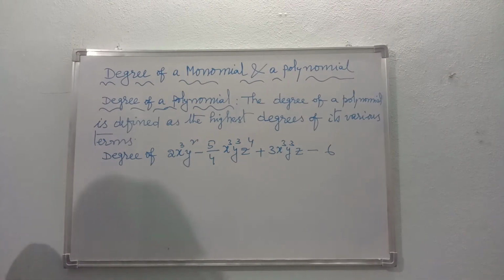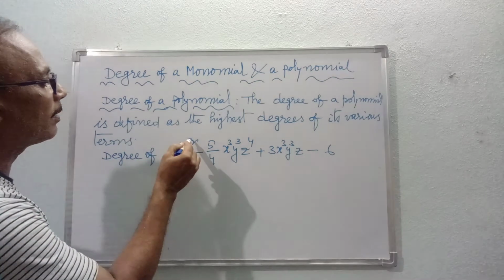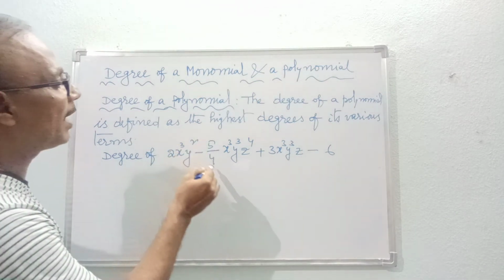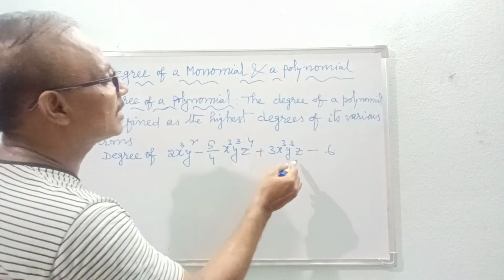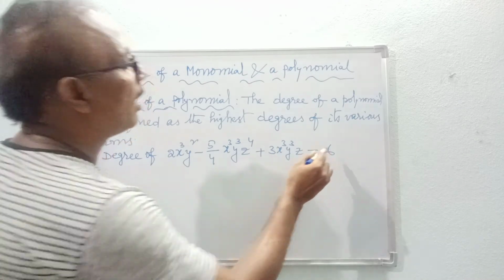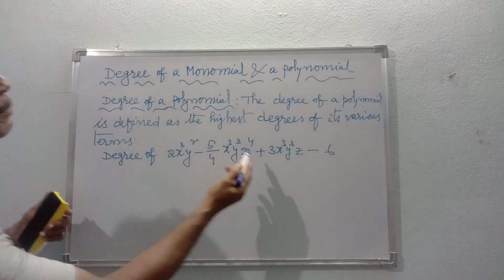Now this polynomial has 4 terms in it. The first term is 2x cube y square. The second term is 5 by 4 x cube y cube z power 4. The third term is 3x cube y cube z. And the last term is 6. Of course, these are connected by minus, plus, minus.